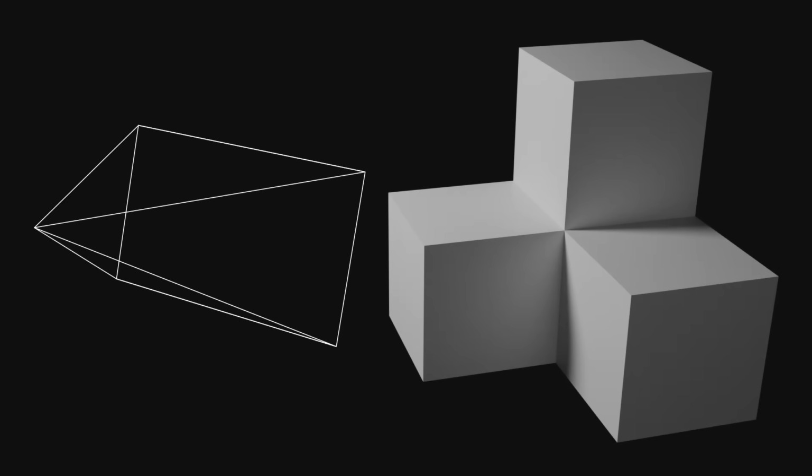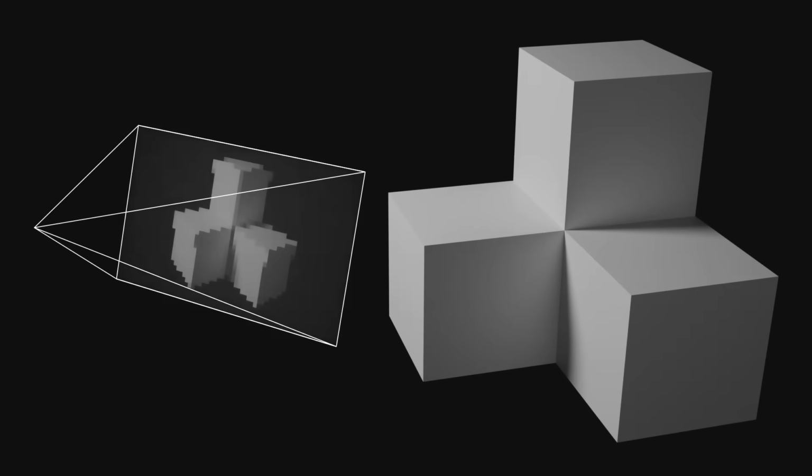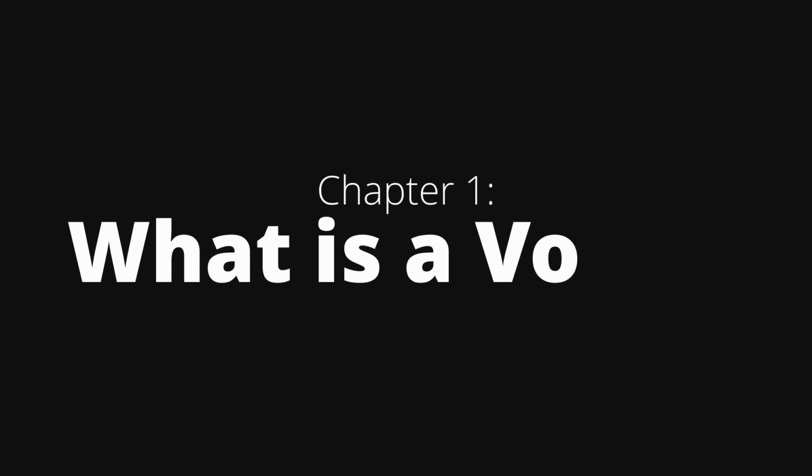So, how do we go from a bunch of voxels and a camera to pixels on a screen? Well, to answer that, we need to start at the very beginning. What is a voxel? The screen you're watching this video on is made up of millions of physical pixels, behind each of which is a logical pixel, a simple piece of data that determines its color.